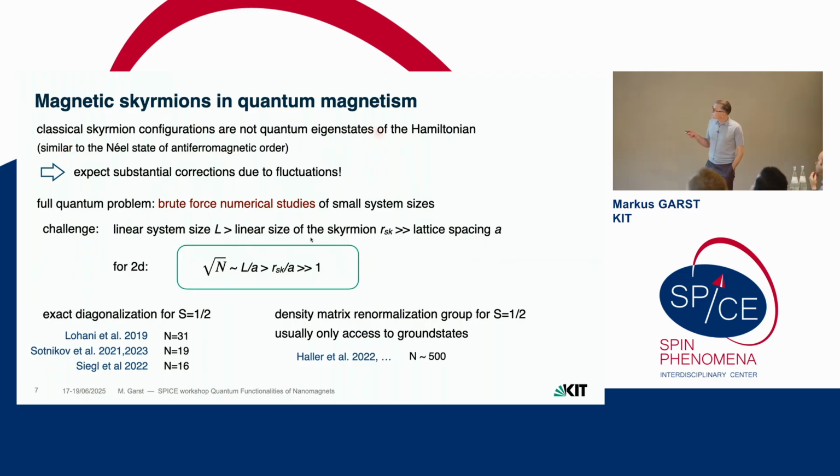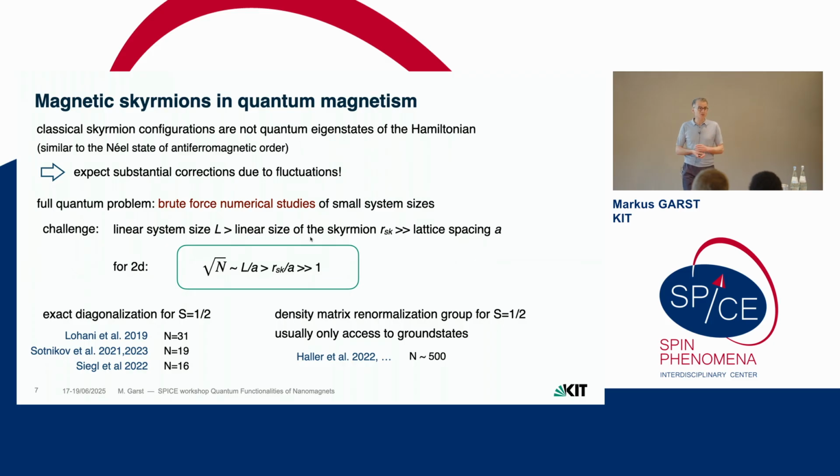The first thing to realize is that the classical skyrmion configurations are not an eigenstate of the Hamiltonian. As you know, there are only very few exact eigenstates known for quantum Hamiltonians. In particular, the Néel state of antiferromagnetic order is also not an eigenstate, so there are a lot of quantum fluctuations expected to renormalize the classical solution.